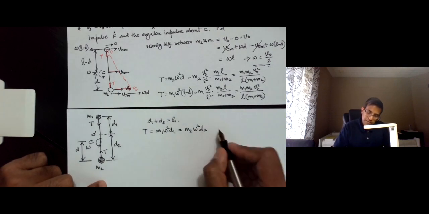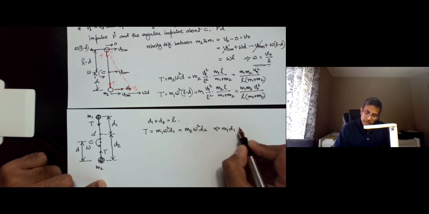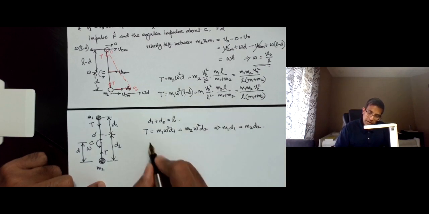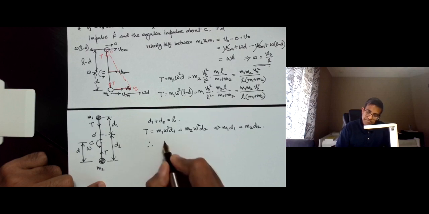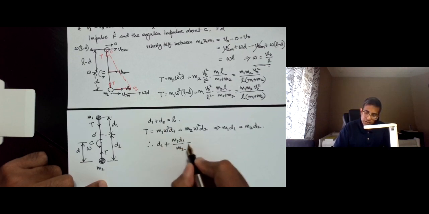Right? So from this we get M1 D1 is equal to M2 D2, and therefore D1 plus D2, which is M1 D1 divided by M2, is equal to L.